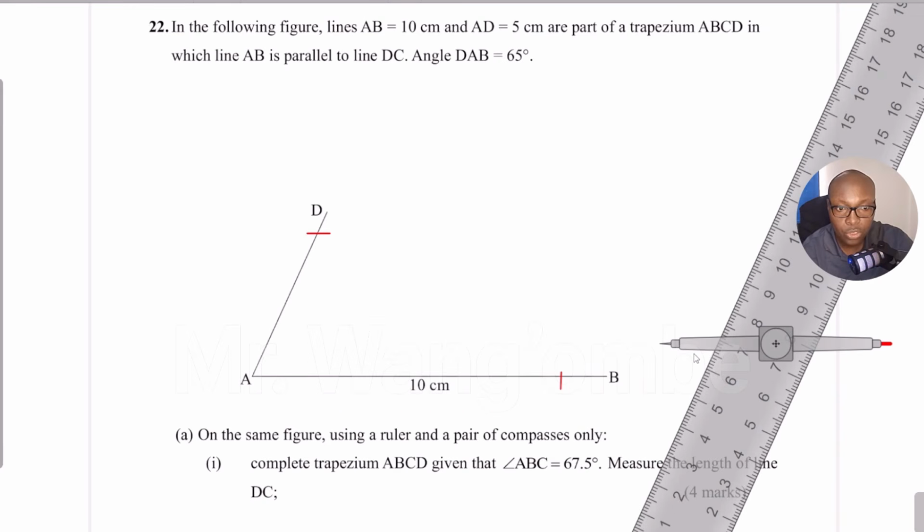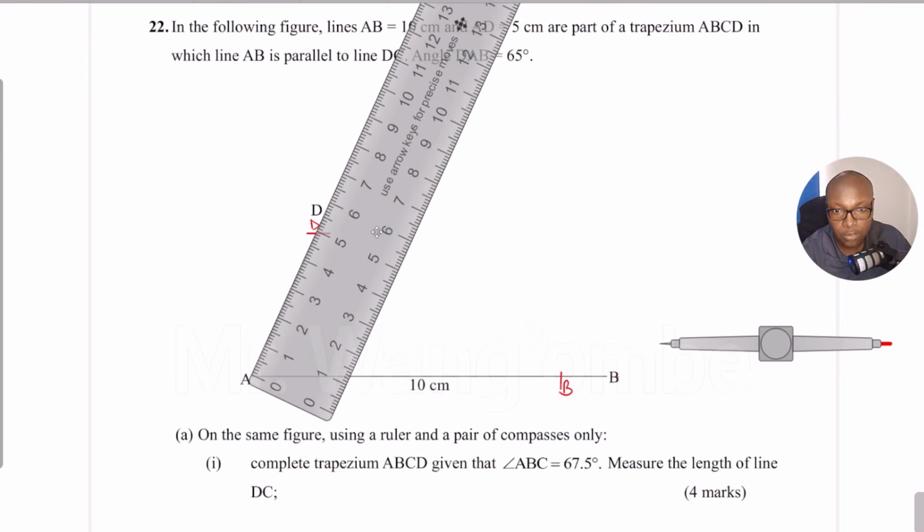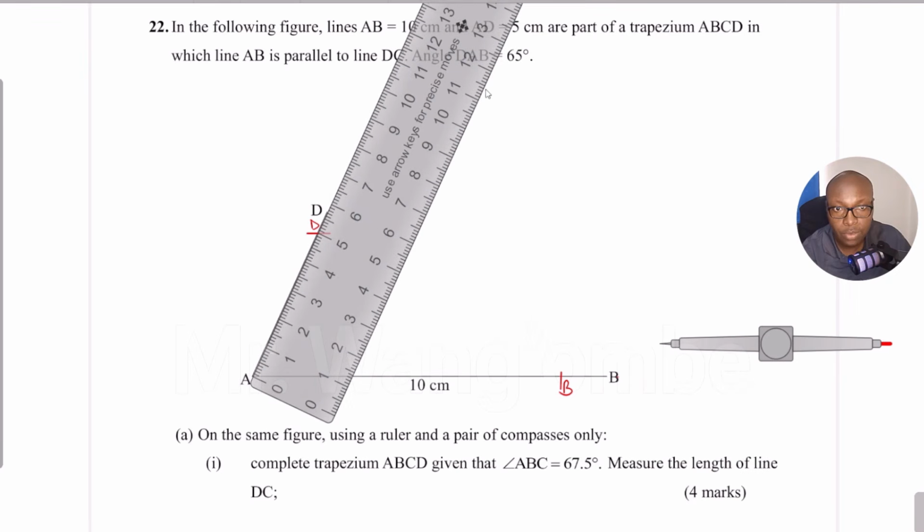So the correct position of B, according to my measurements here, B will be there. So allow me to indicate B there, and then D will be this position that is here. That is the one that is 5 centimeters. And I can measure that to confirm. You can see that is exactly 5. AD is 5.